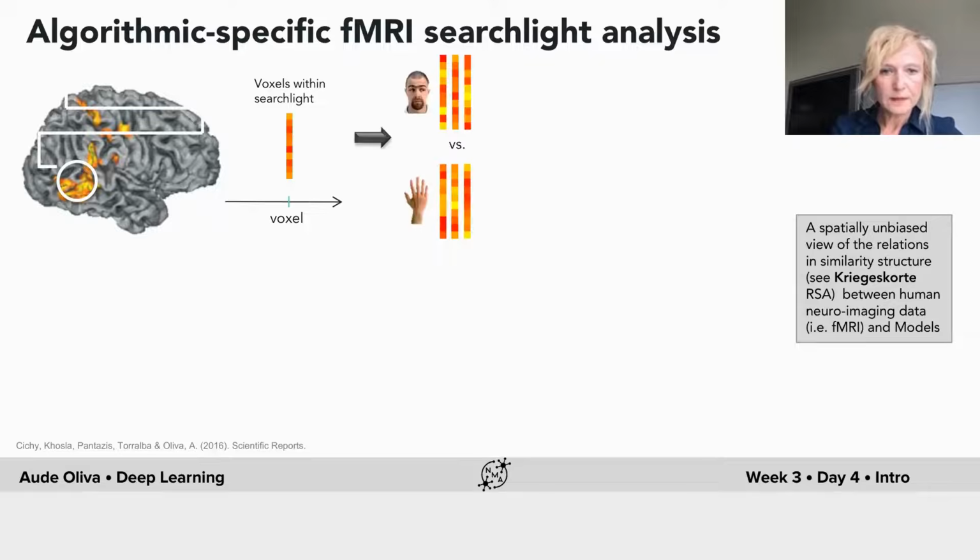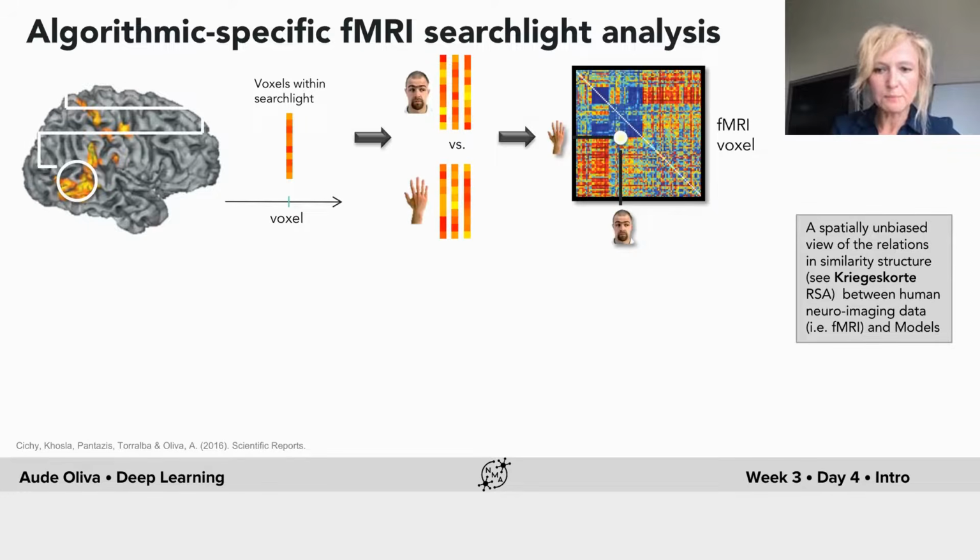The goal is to build a matrix of dissimilarity between pairs of image responses. So if in our experiment we had 118 images, we have a dissimilarity matrix of 118 by 118 pairwise distances. That gives us how dissimilar or similar the fMRI responses for pairs of images are. So if you have 100,000 patches, we have 100,000 matrices.